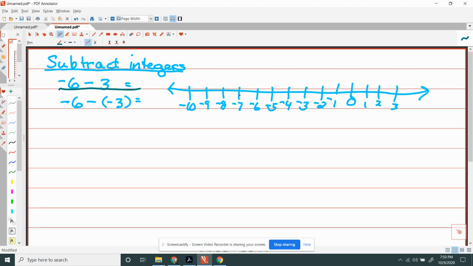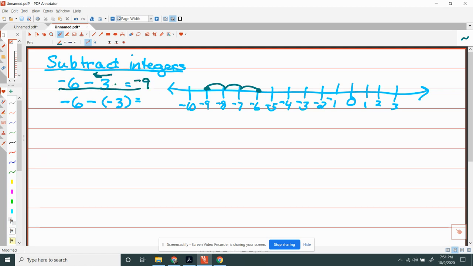-6 minus 3. So if we're starting out at -6, we said when we subtract or take the negative of anything, we have to move to the left. So we'll move to the left 1, 2, 3, and the answer will be -9.